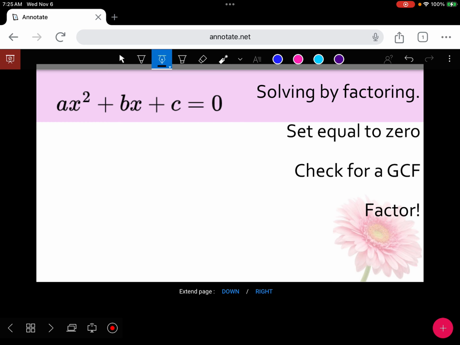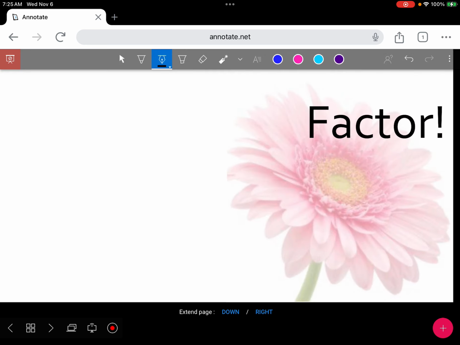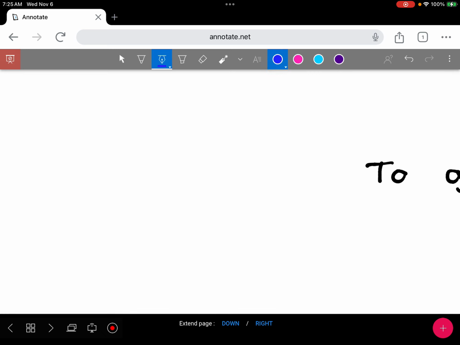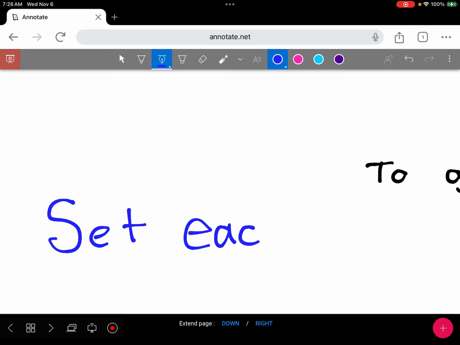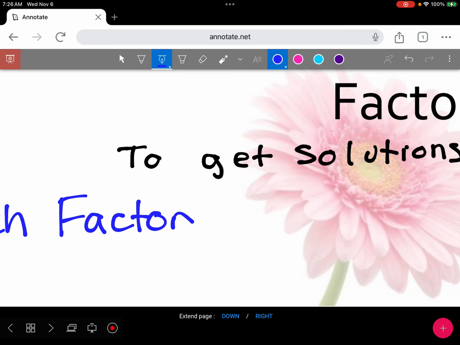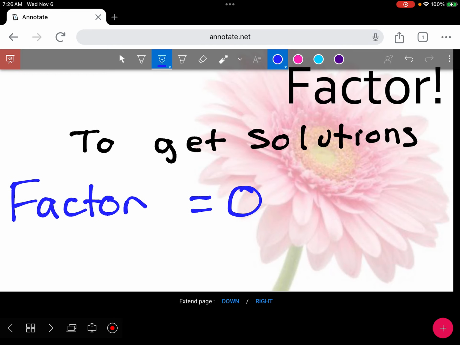Once we get it factored, to get the solutions, the roots, the zeros, we're going to set each factor, so each of those parenthesized pieces, equal to 0 and solve.